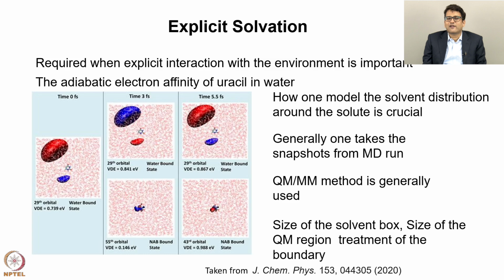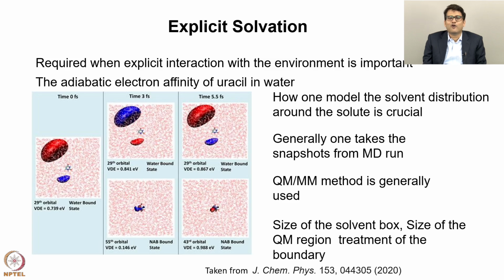Now in this kind of calculation, when you do explicit solvation, the solvent is of course a bulk medium, and no matter how many water molecules I take, I am working with a finite box. So that means I am supposed to take a large water box for my calculation.